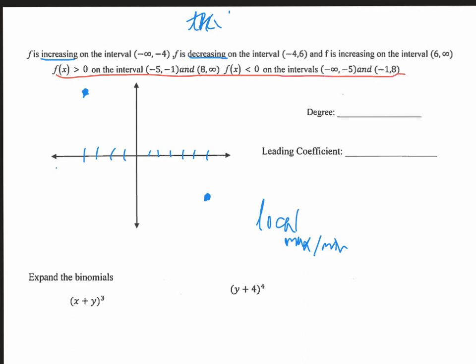So my x-intercepts are going to be -5, which is going to be right here. -1, which is going to be right here. 8, which is going to be 1, 2, right here. And that's it. So now I have enough information, right? Now I have enough information to draw my whole graph. So I know on the left of this blue, it's going to be increasing.